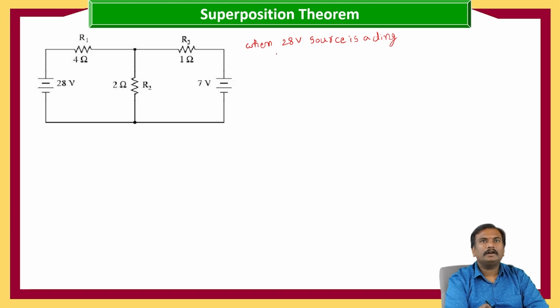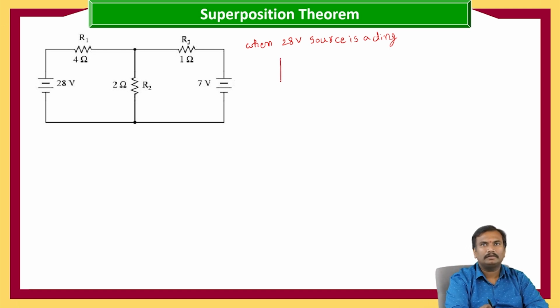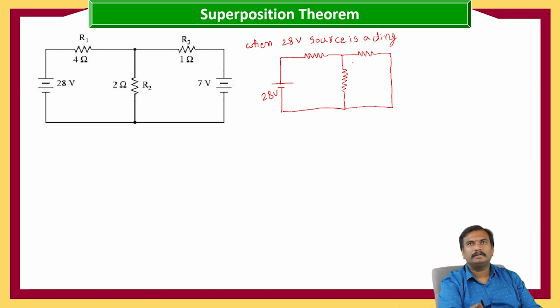When the 28 volt source is acting, let us replace the circuit by making the 7 volt source a short circuit. Here 28 volts is acting, and the 7 volt source is short circuited.